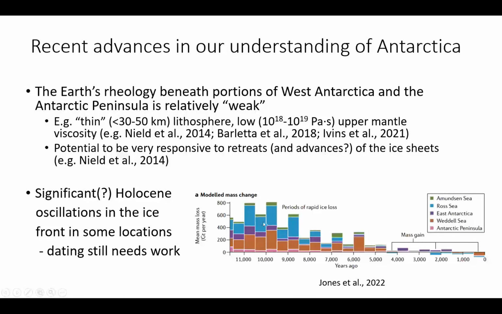During the early Holocene, there are periods where we had accelerated ice loss from Antarctica. What's important for me in this talk is what's happening during the late Holocene. And you can see not only are there periods where you had more or less mass loss, but there are actual periods of mass gain or ice advance during the Holocene.